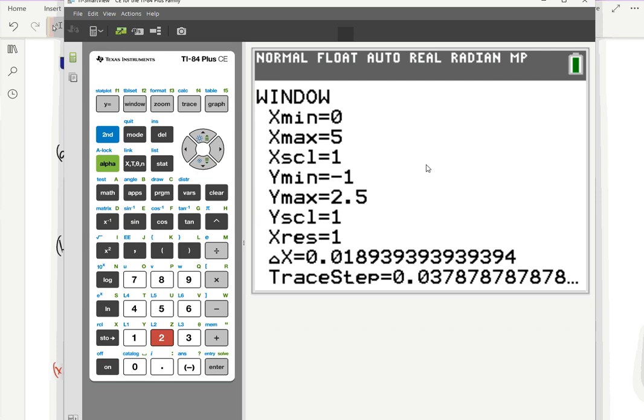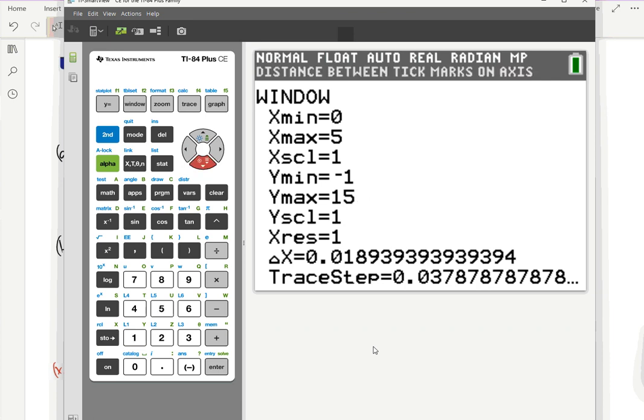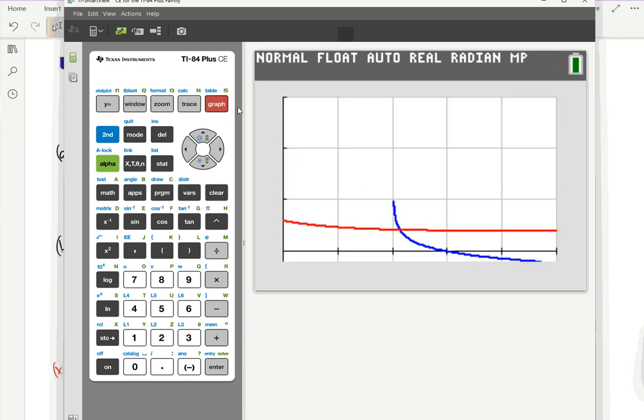I know what I did. Instead of hitting the negative key, I hit the minus key. So I need to hit the negative key. So y min is negative 1. Let's do our y max at 15, and we'll count by 5s here. And now let's go ahead and graph. It still has some issues trying to get beyond up over here.